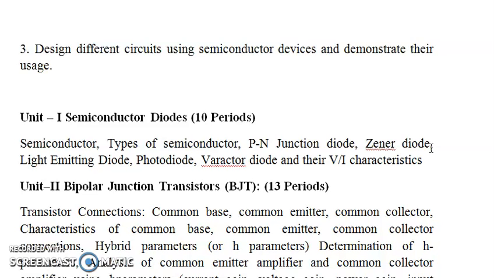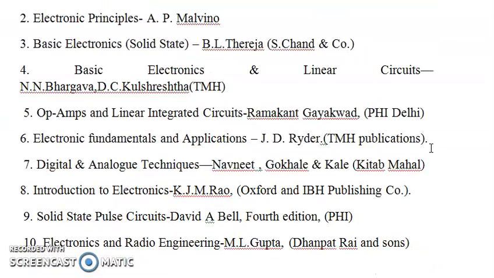And the substances like germanium, silicon, they are what? Semiconductors. So we discuss in detail the types of semiconductors also again. What is the difference between the different types of semiconductors? What are the uses of the semiconductor diodes? All these things we are going to discuss in detail in next lecture.